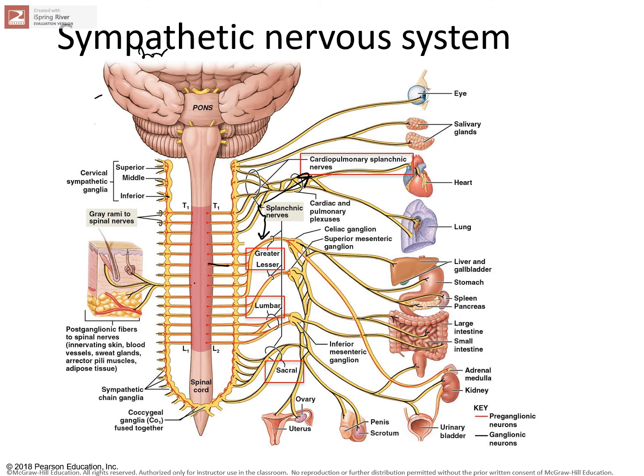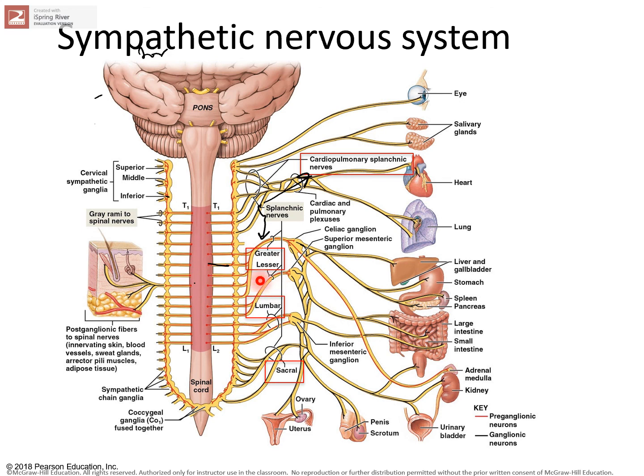It's called the cardiopulmonary splanchnic nerve because they supply the heart and the lung. Cardio has something to do with the heart, and pulmonary means the lungs. So the cardiopulmonary nerves supply the heart and the lungs. And then you have the greater and lesser, lumbar and sacral splanchnic nerves.